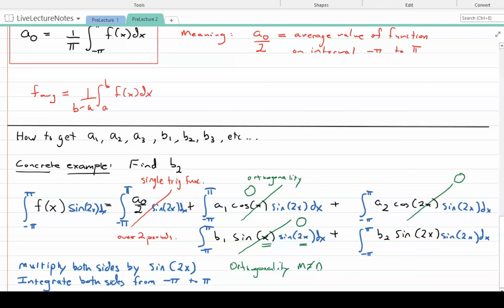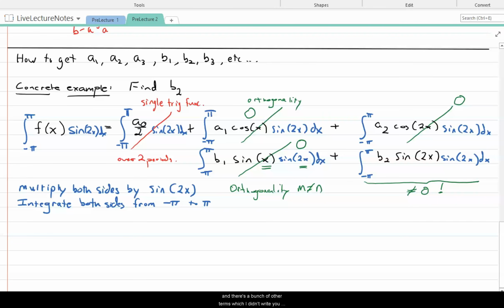So that's 0. This one is the only one that's not 0. All the others were 0. And there's a bunch of other terms which I didn't write, for example cosine 3x, cosine 4x, cosine 5x, sine 3x, sine 4x, sine 5x. All of those, when I multiply by sine 2x and integrate, will be 0. So this is the only non-zero term.